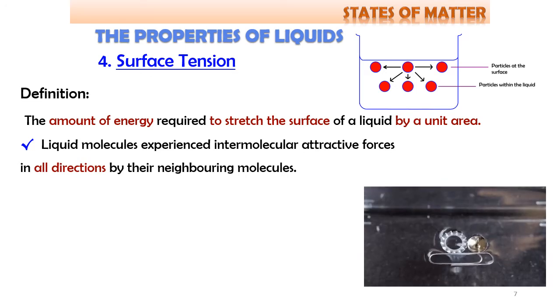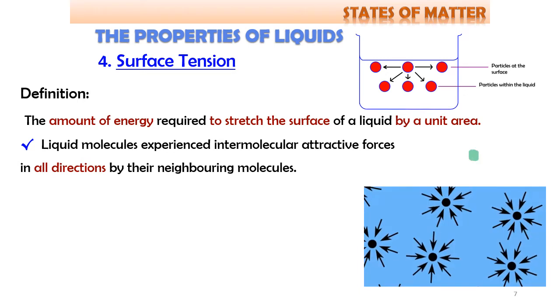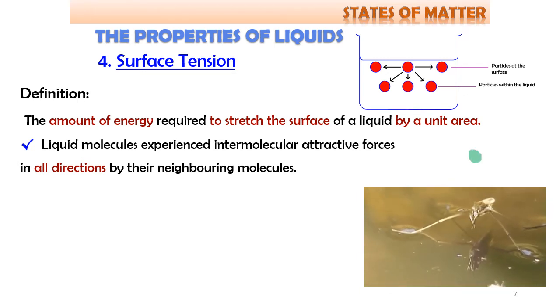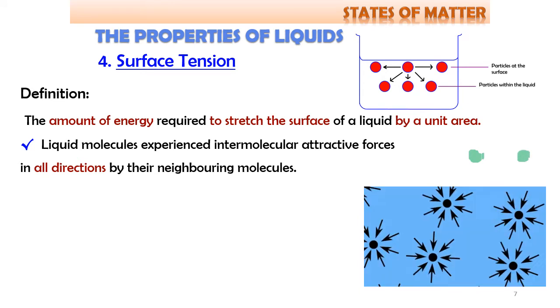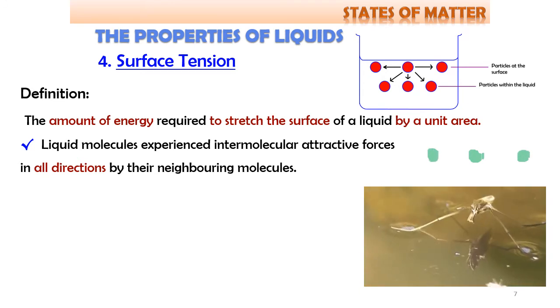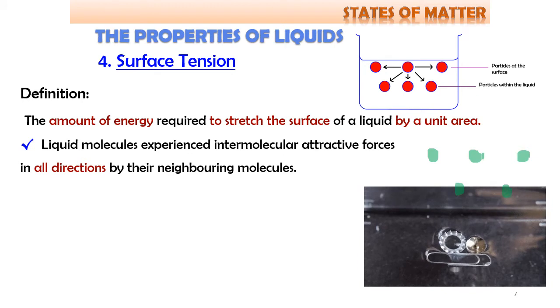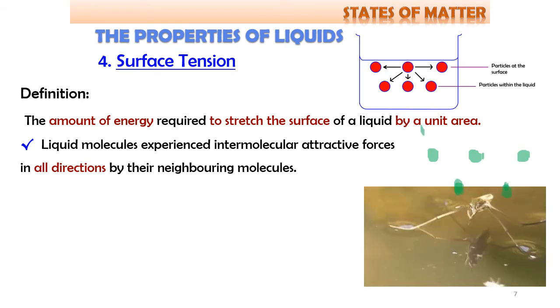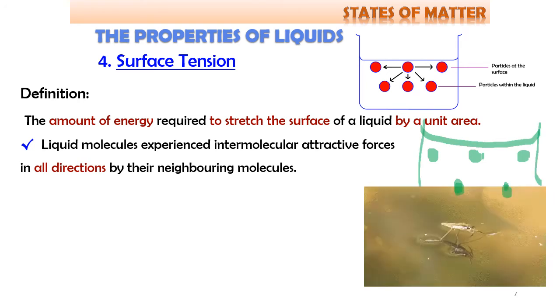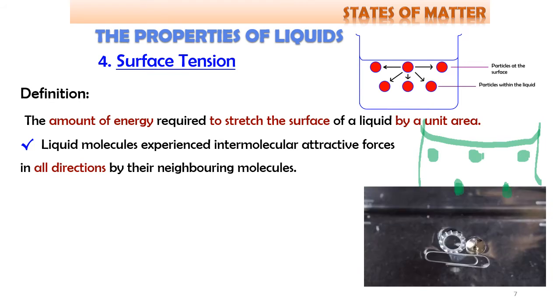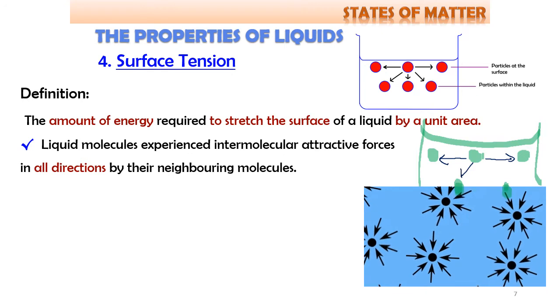So let's say the molecules in the middle will experience attractive forces with all the neighboring molecules around it. Let's say you have the molecule on the surface. The attractive forces are sideways, left, right and downwards.